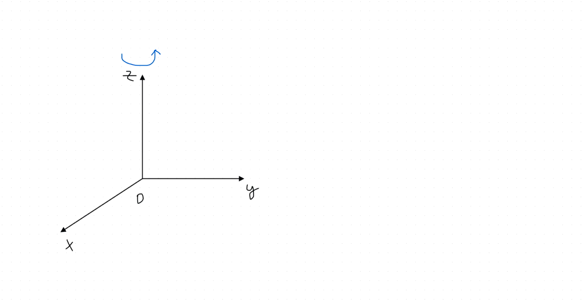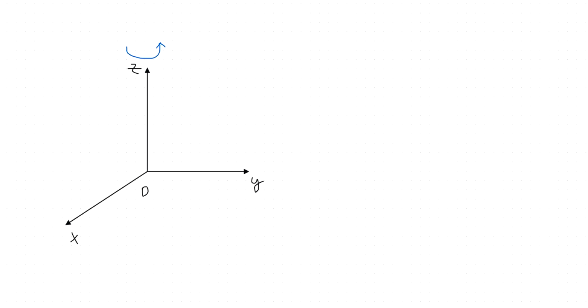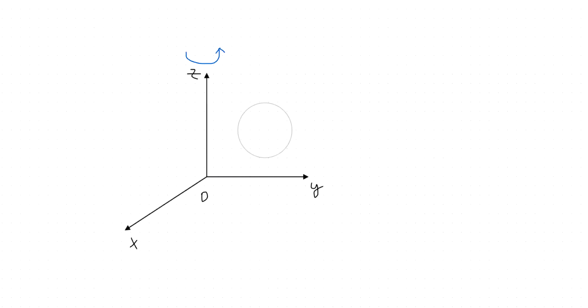I think it is obvious that every point of the rigid body will move along a circle. So the trajectory of each material point will be a circle. So I'll draw this circle schematically.